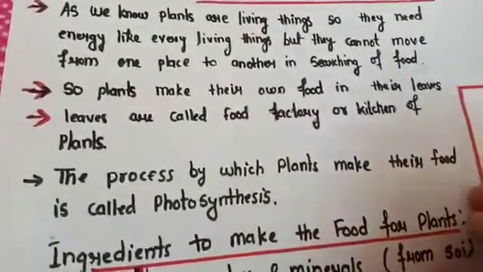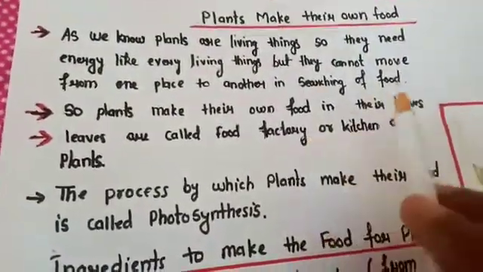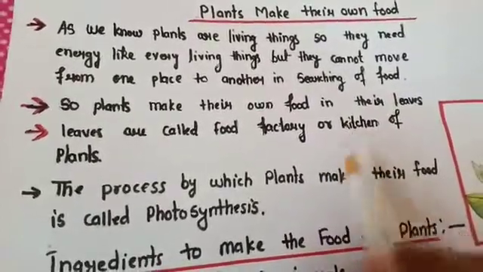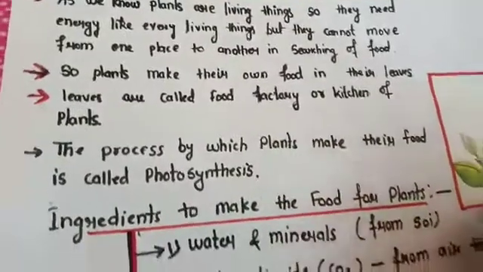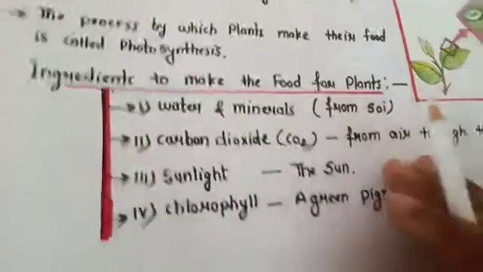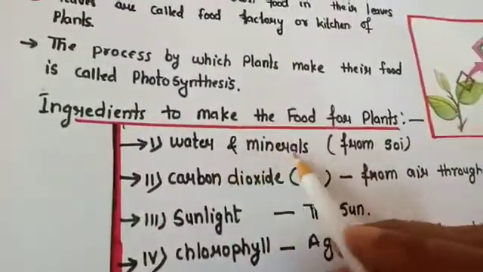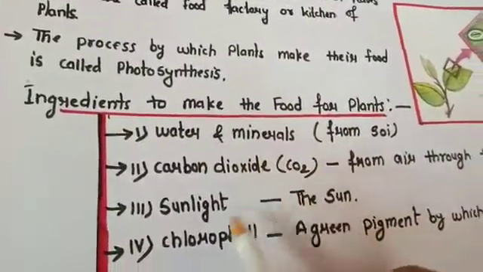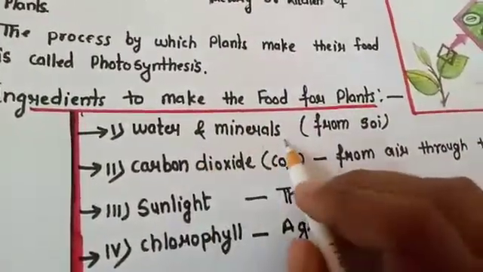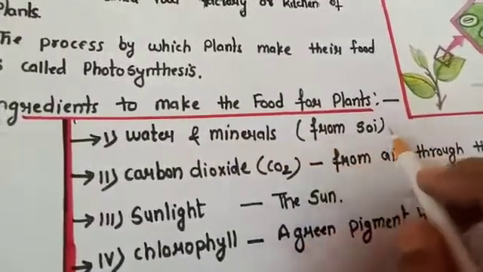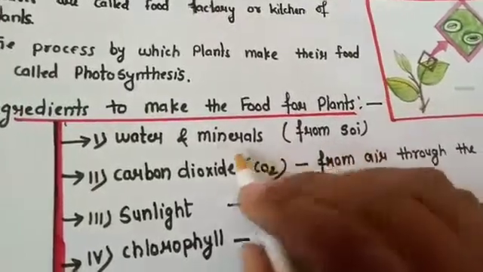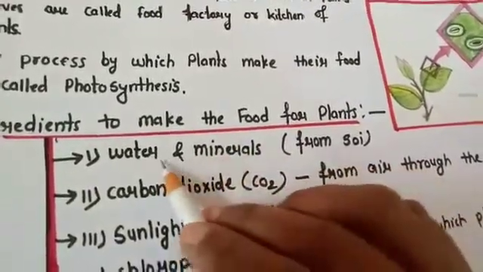So all the green plants make their food in their leaves, and the process by which the plants make their food is called photosynthesis. Now the ingredients to make the food for plants are water and minerals, carbon dioxide, sunlight and chlorophyll. Water and minerals get to the plant from the soil with the help of their roots, and minerals are dissolved in the water.